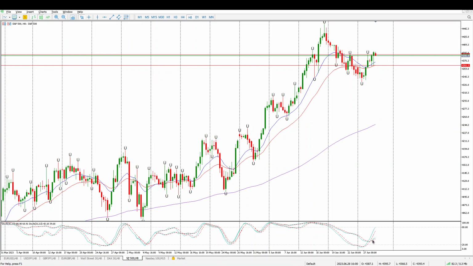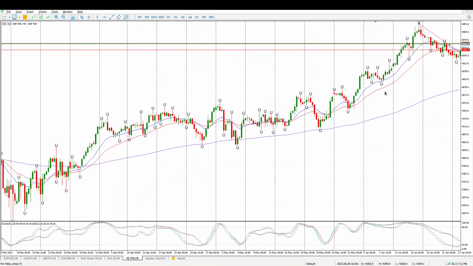You can see the oscillators have separated, and when they separate like this and roll over, you have a fairly violent move. At the moment, we haven't really had a test of this flag, so you should expect some kind of a test.